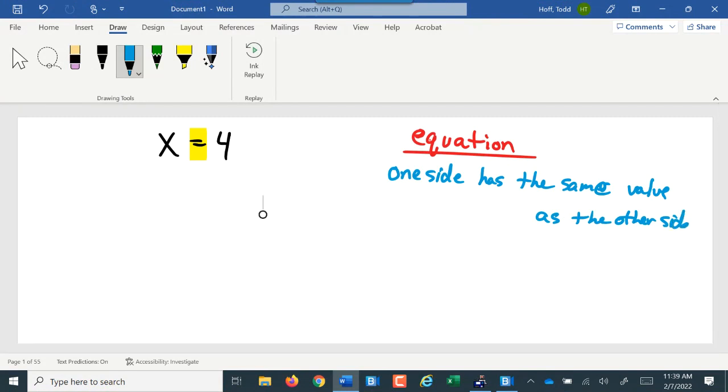We can actually think of it like a balanced scale. What's on one side of the scale exactly balances the other side. So it balances around that equal sign. All equations start out in this form, as a variable equals a number or a number equals a variable. And they are built up from there.